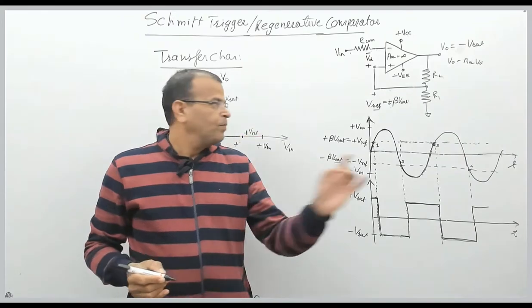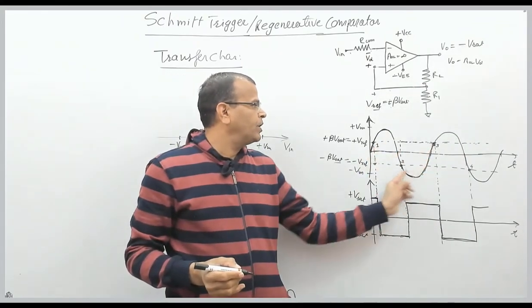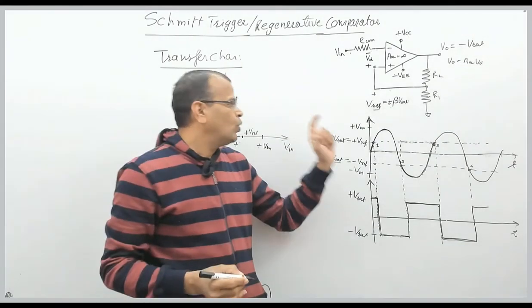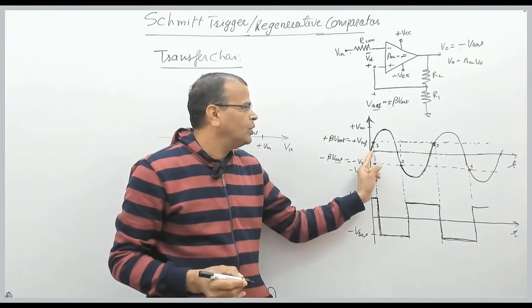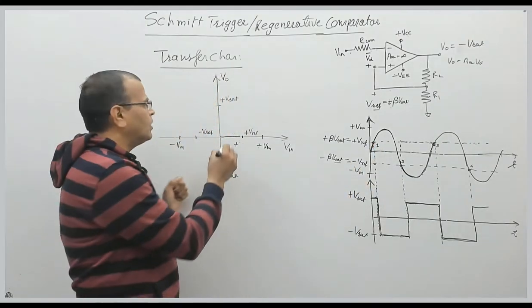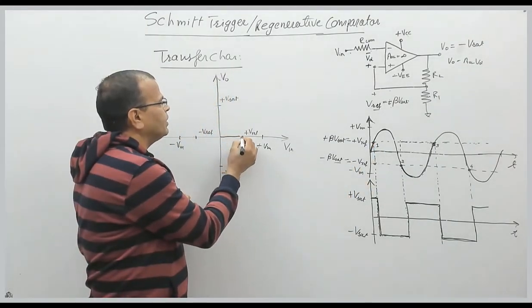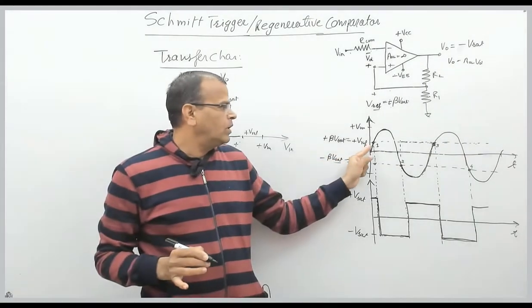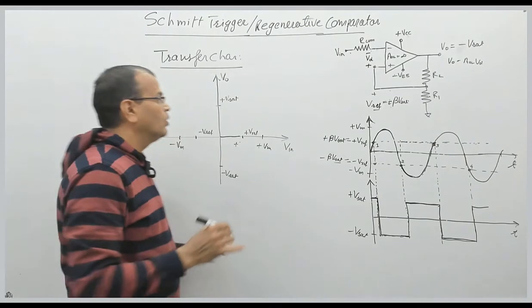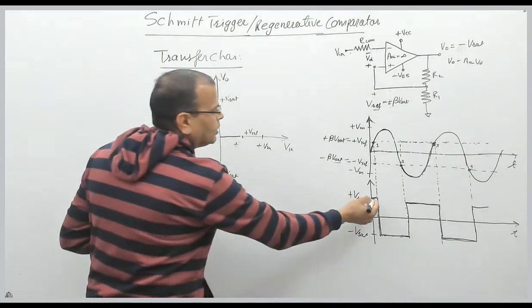I will be seeing one complete cycle. So when you start from 0, input voltage is increasing up to plus Vref. What is the output voltage during this period? The output is plus Vset.